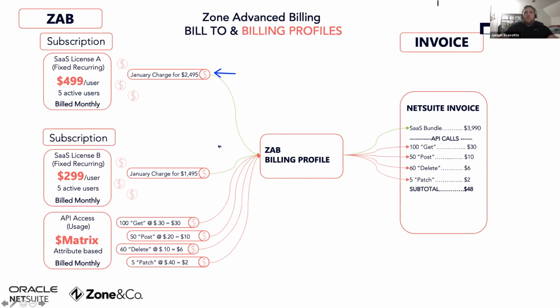Notice that there are 2 separate charge lines for fixed recurring. This is leveraging a combined functionality inside of the billing profile. Instead of displaying the 2 lines for fixed recurring, maybe I wanted to combine that information into 1 line to the customer. Again, the flexibility on this, billing profiles can be customer specific. So for your one enterprise customer, they just need it done this way, but this can also be shared across customers as well. So you have different types of options: most granular, customer specific, or you can even share them.